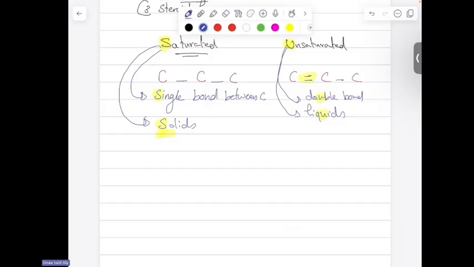Then the second macromolecule, the proteins. Again, what are the elements? Proteins are made up of carbon, hydrogen, oxygen.